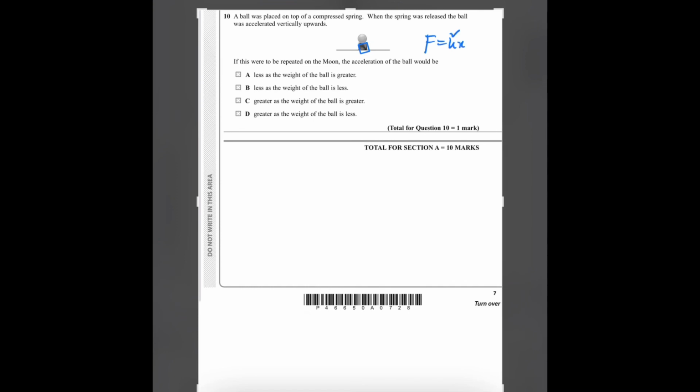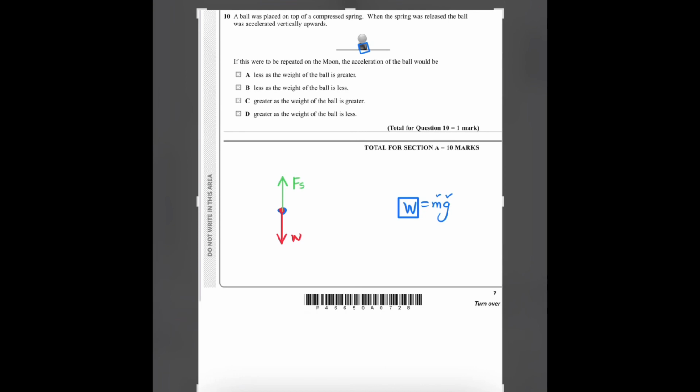So the spring constant k is constant, so the force applied upwards would be constant, but the weight would increase or decrease, since we know that W equals mg, where m is the mass, g is the gravitational field strength, and W is the weight. If we draw a free body force diagram, the downwards arrow is the weight, and the upward force is the force from the spring.